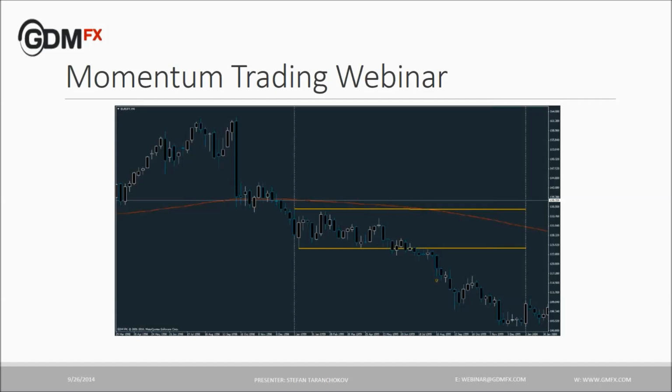We have a question, can we use this strategy in combination with other trading strategies? Well, this strategy better be used solely in the way that we described here. If you try to combine it with, for example, candlestick patterns or chart patterns or news trading, well, it might not work that well.